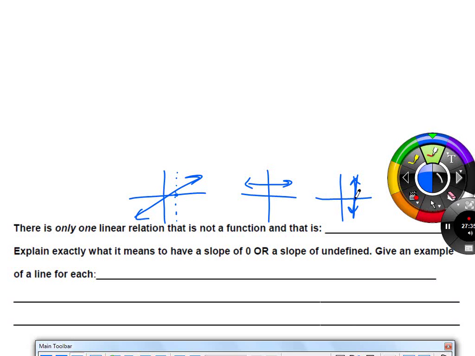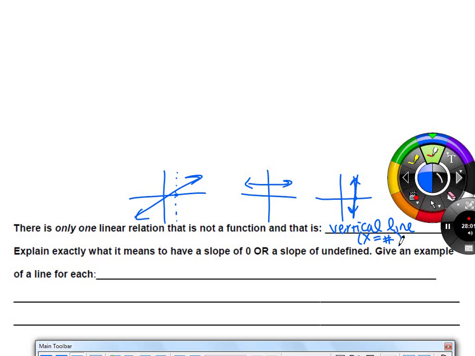So the definition of a function was when you put in a number, you should get one number out. But in this case, when you put in this x value, say it's 2, you get out 0, you get out 1, you get out 2, you get out 3, you get all these different values out. That's not a function. Okay? So a vertical line is not a function. And if you want to remind yourself, that's x equals a number for its equation. Okay?